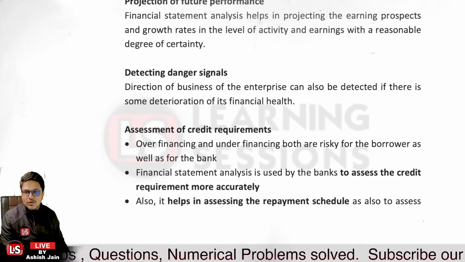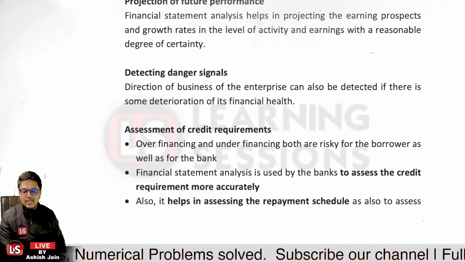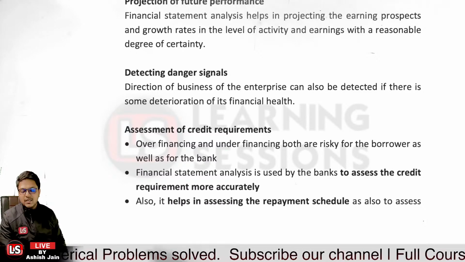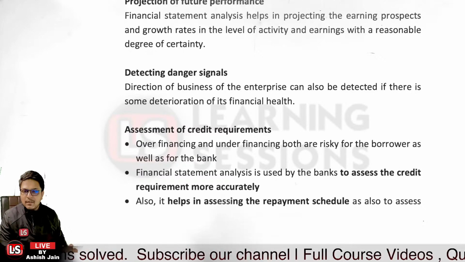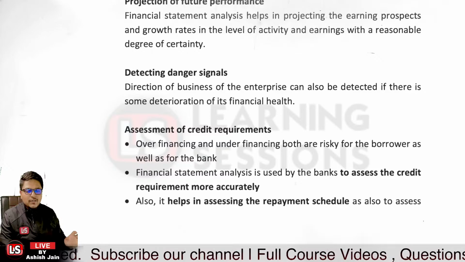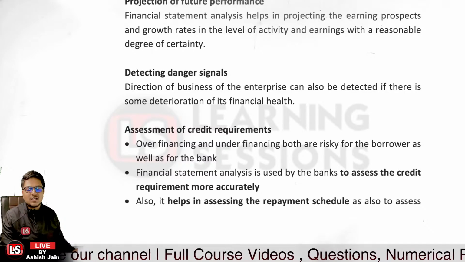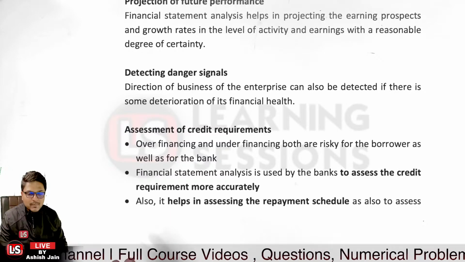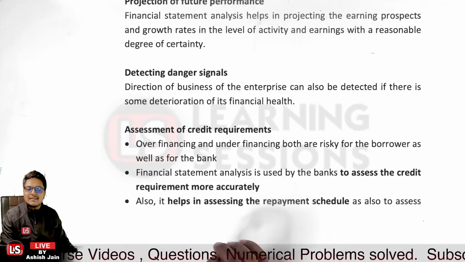And further we can also assess the credit requirements. If some person visits you and tells you that he wants a working capital limit from your bank, then definitely you'll be looking into the financial statements to assess what working capital is required by the firm. Over financing and under financing both are riskier.